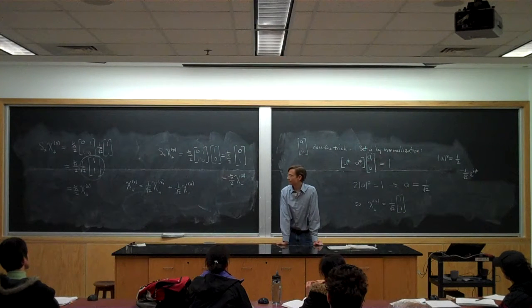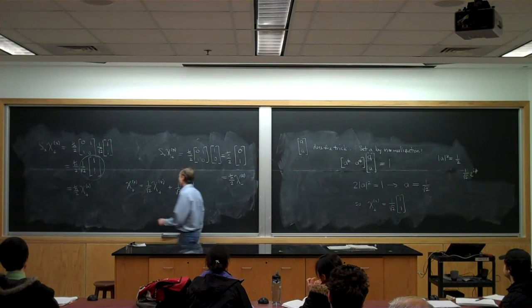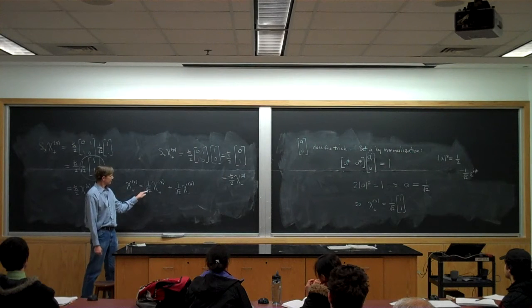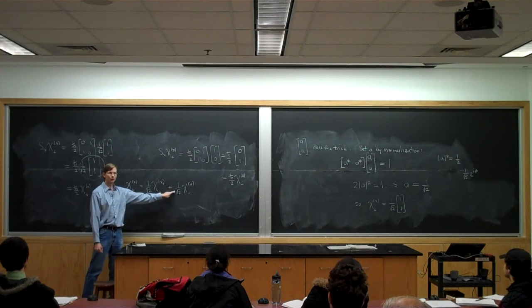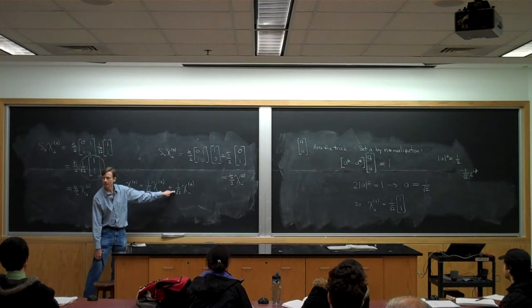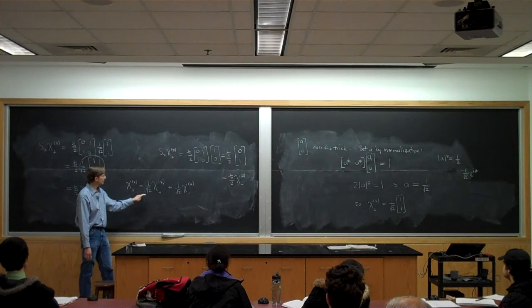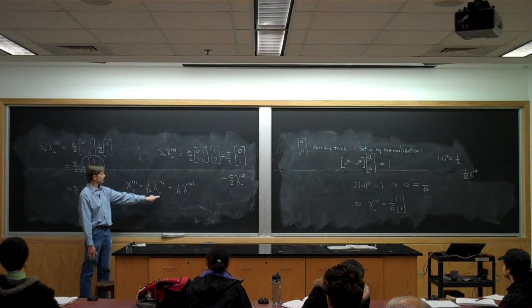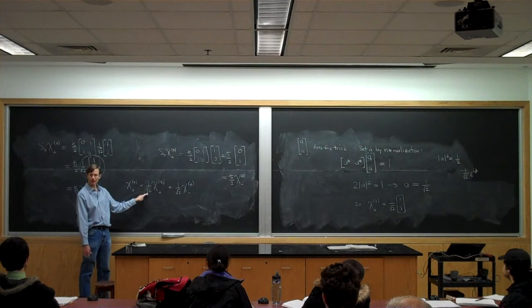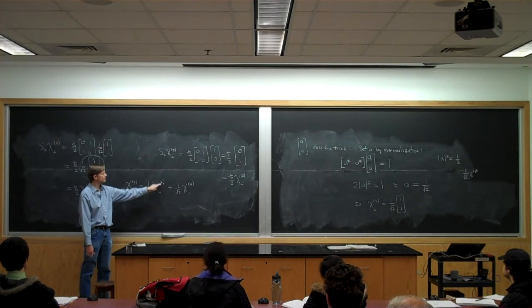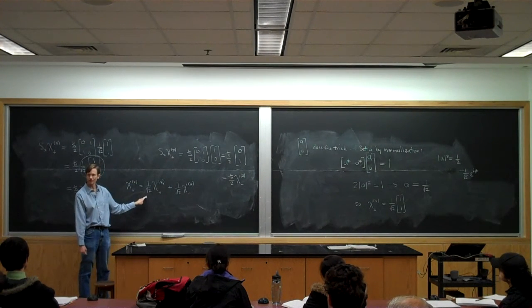1/2. Because remember that the absolute squares of the coefficients of the expansion are the probabilities. So the probability of getting plus h bar over 2 is the absolute square of the coefficient of chi plus z in that expansion.